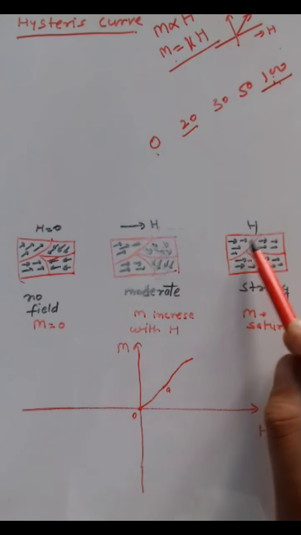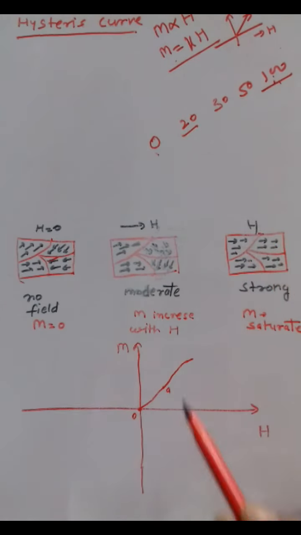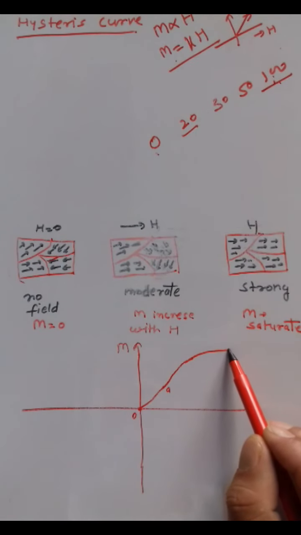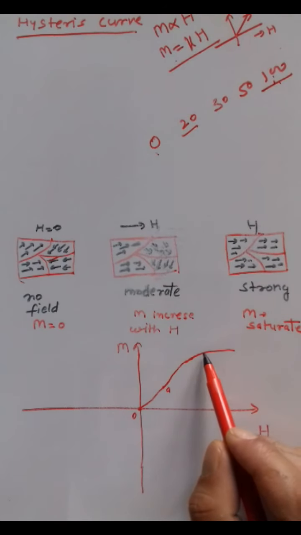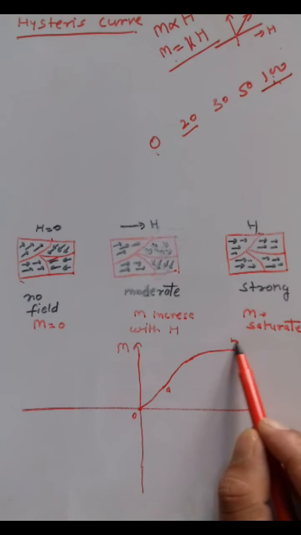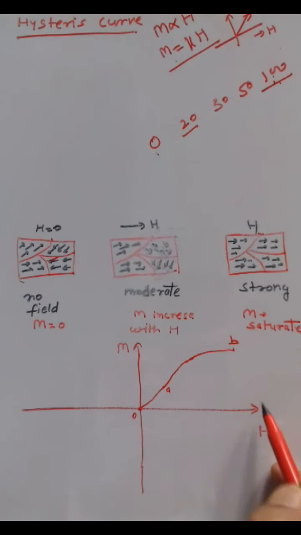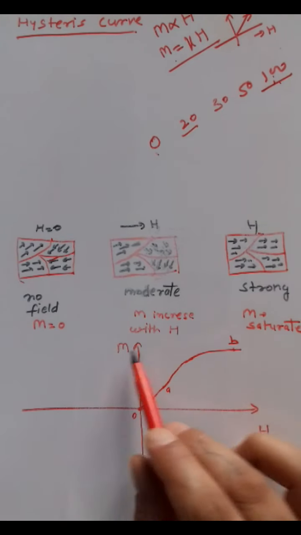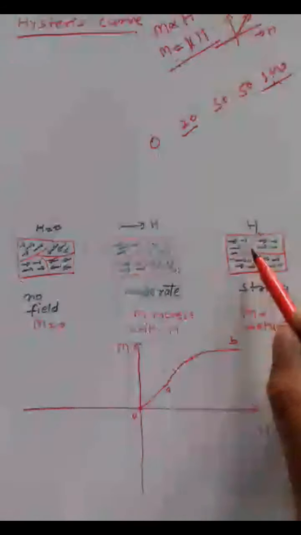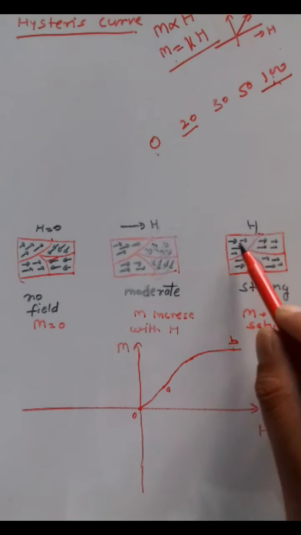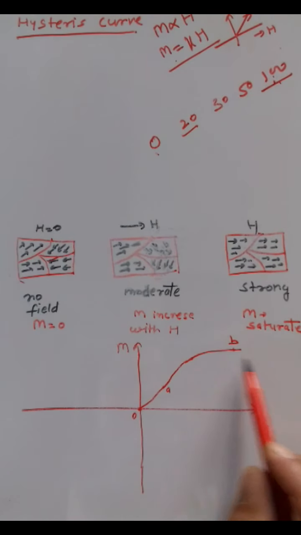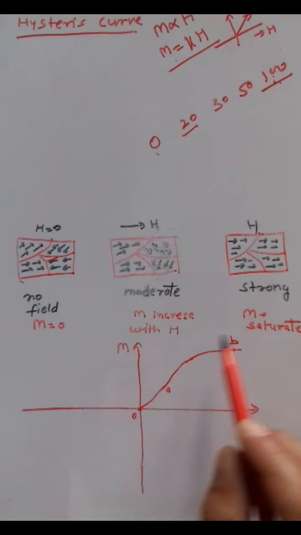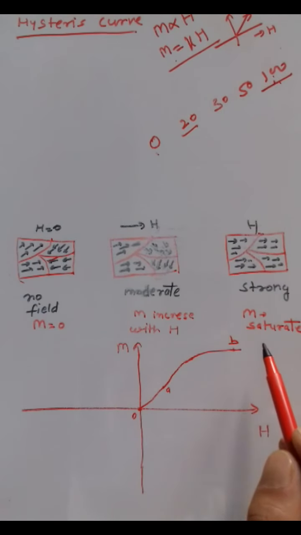So we will achieve a maximum magnetization M. Beyond this point B, if we increase the external field, the magnetization M will not increase, as all the domains have oriented themselves in the direction of the external field.